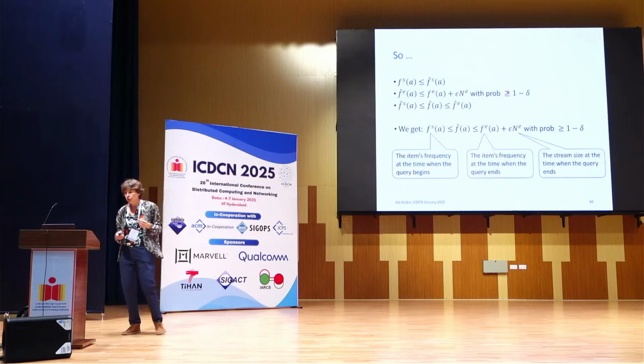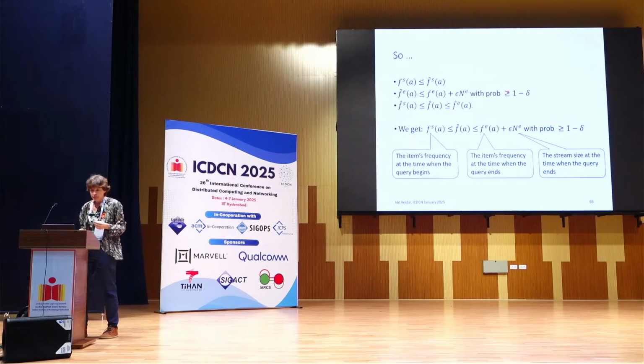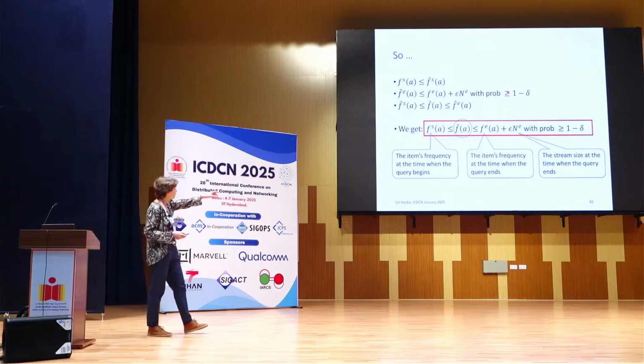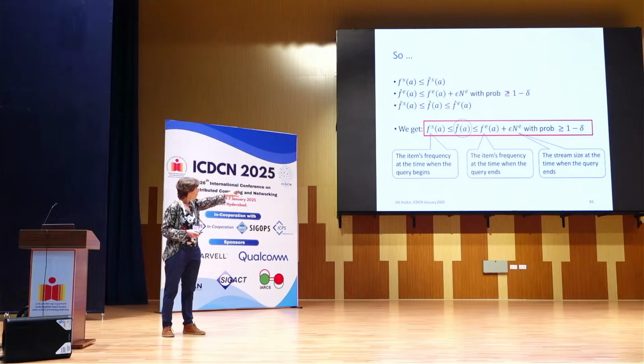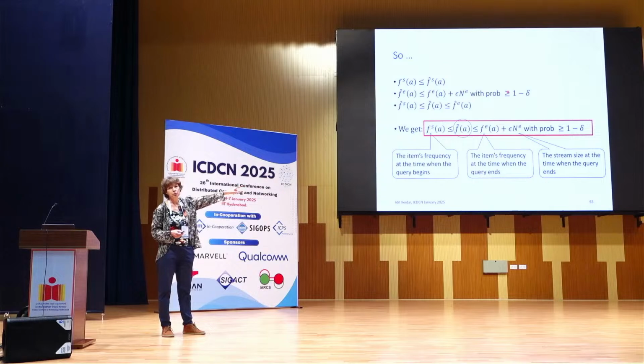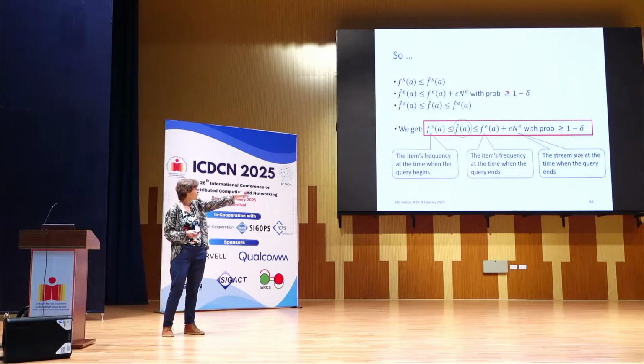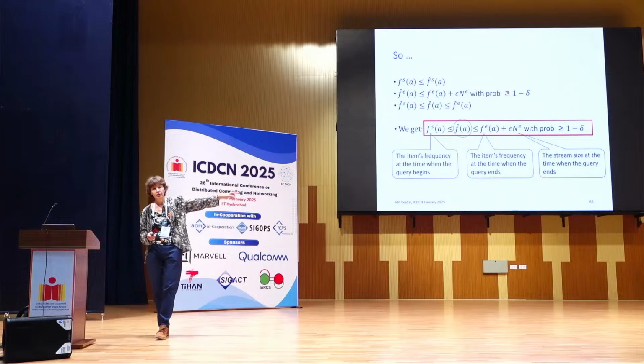In other words, the estimate we get still has the properties that we want, because it's still bounded by the error: the item's frequency at the beginning, and the error of the sequential sketch at the time of the end of the query.